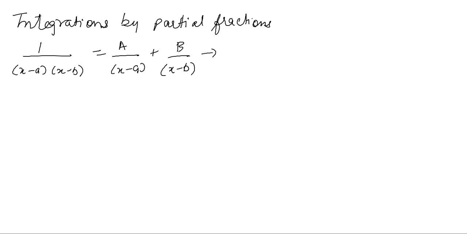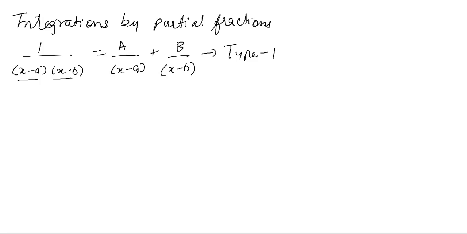This is of the form type 1, where your denominators factors are not repeating and they are in the simple form x minus a and x minus b, that is in linear form. So if your denominators are in linear form and the factors are not repeating, then it will go in type 1.